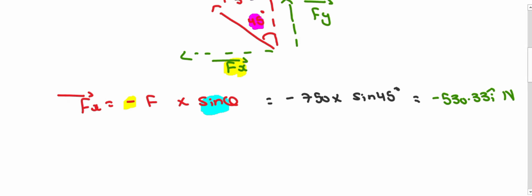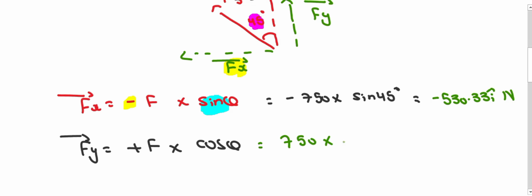Similarly, Fy is equal to positive F into cos of theta. Why do I put cos theta in the y component? Because the angle is measured from the y-axis. The value of F is 750 and theta is 45 degree. So 750 into cos 45 degree will become 530.33 j cap Newton.